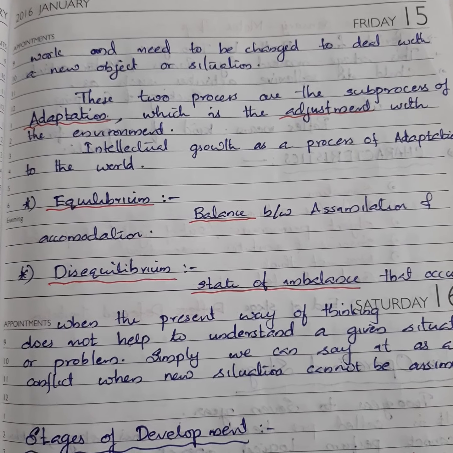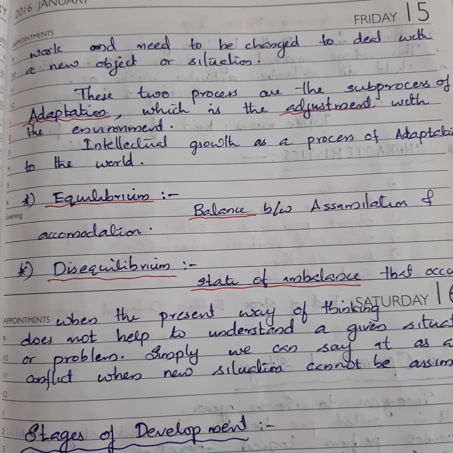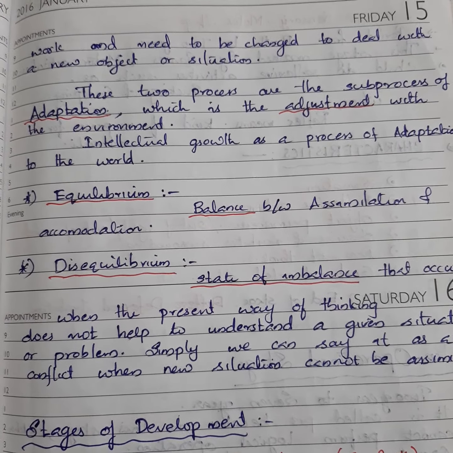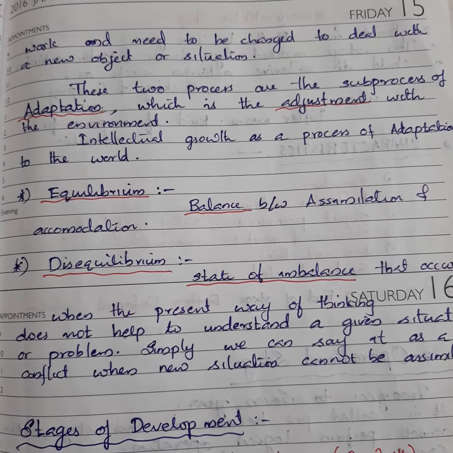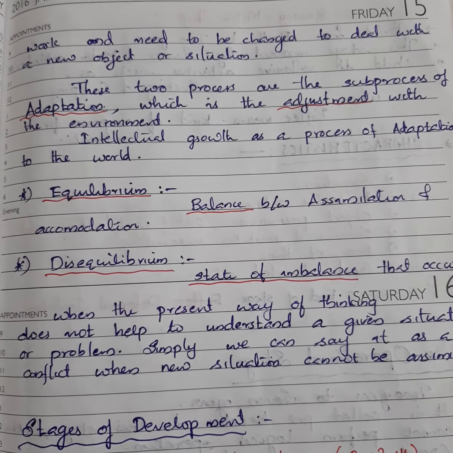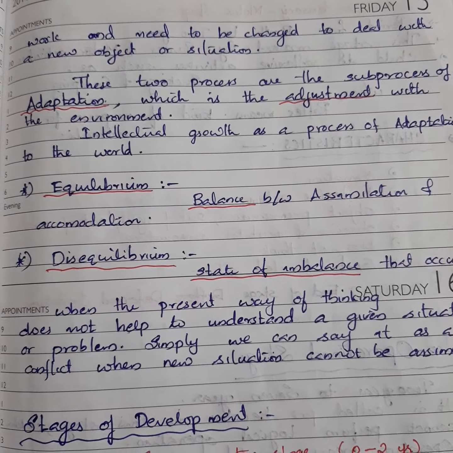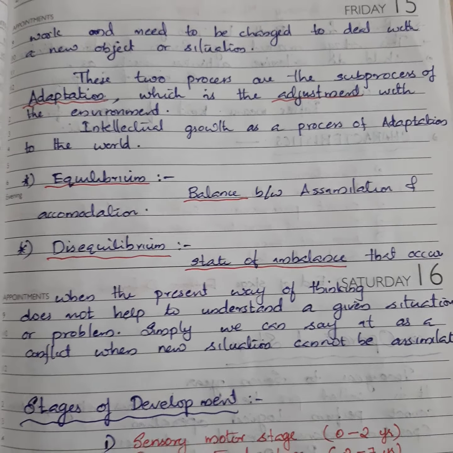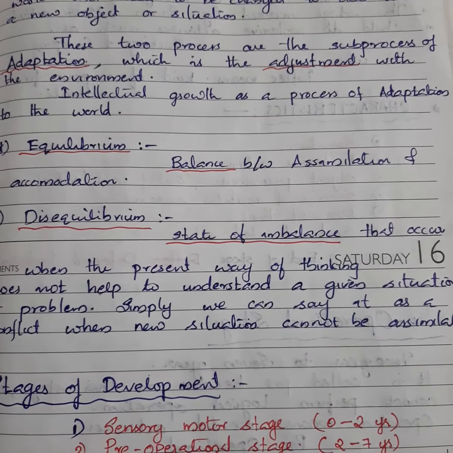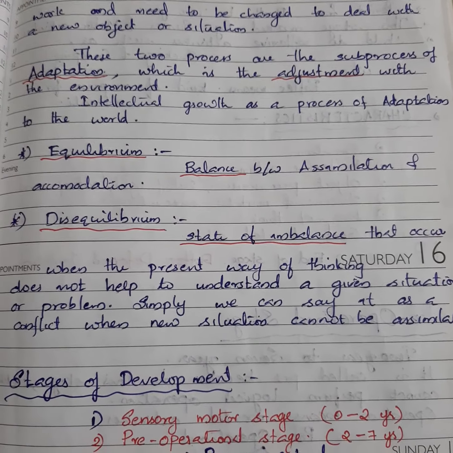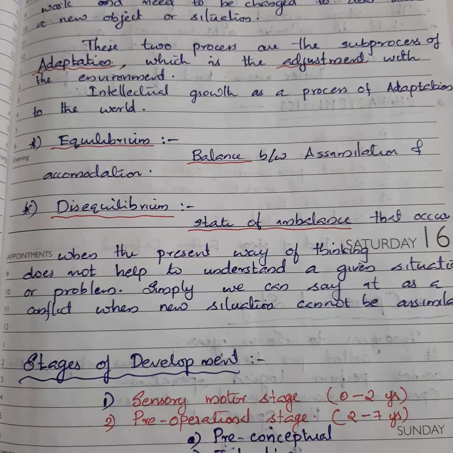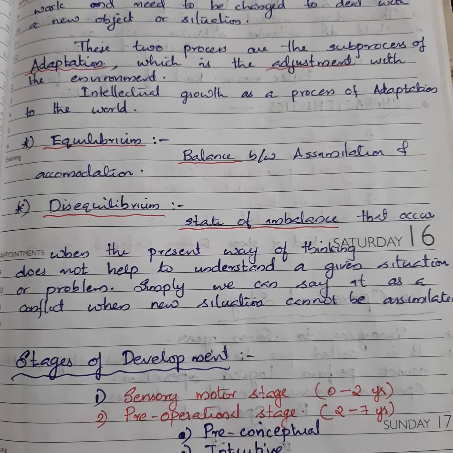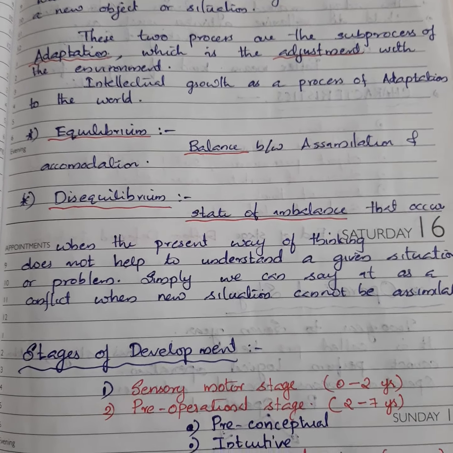Another important component is equilibrium. Equilibrium is the balance between assimilation and accommodation. Another term is disequilibrium, which is a state of imbalance that occurs when the present way of thinking does not help to understand a given situation or a problem.